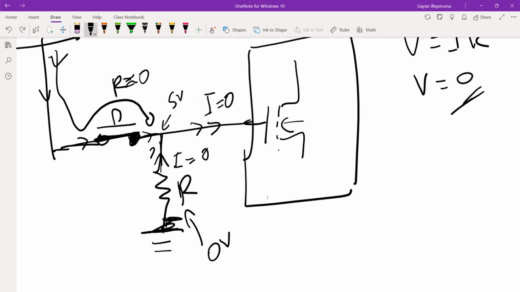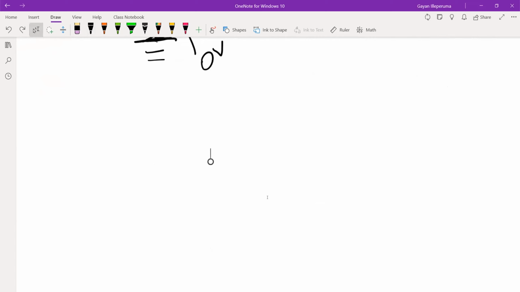So whenever you have an input, especially when you have a switch, you have to make sure it is in a well-defined state. There are two different ways you can do it. Either you can have a pull up resistor like this.